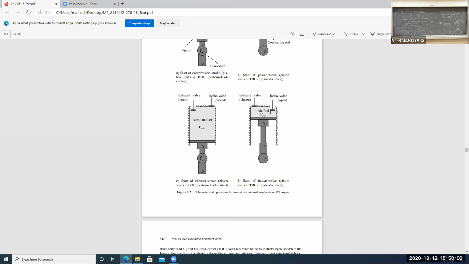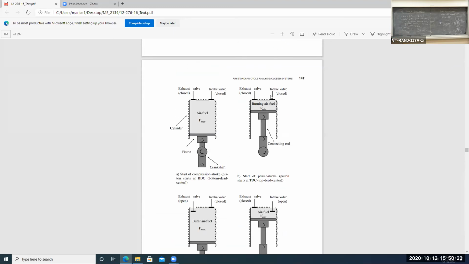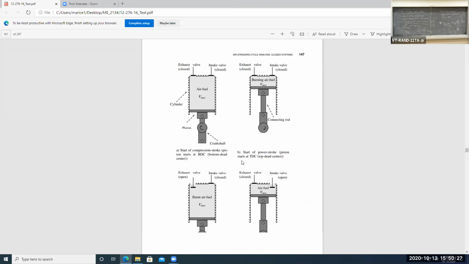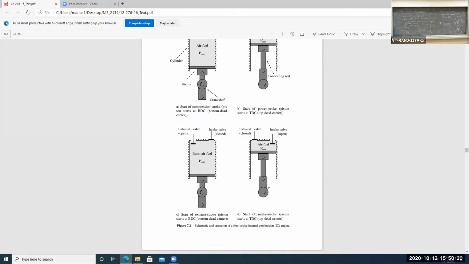So we're going to replace this bottom process here, where we expel the burnt fuel and intake fresh fuel. We're going to model that as a simple heat rejection process. Okay? The heat addition process replaces the burning of the fuel, that's the Q dot high, and the heat rejection process replaces the expelling of burnt air-fuel mixture and intake of fresh air-fuel mixture.